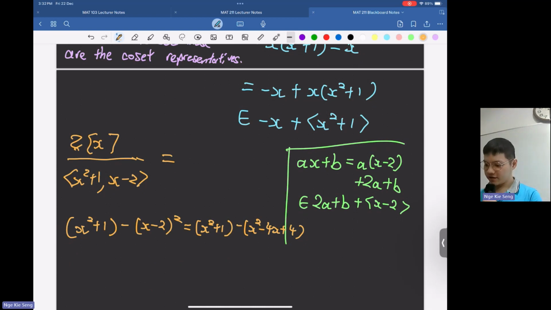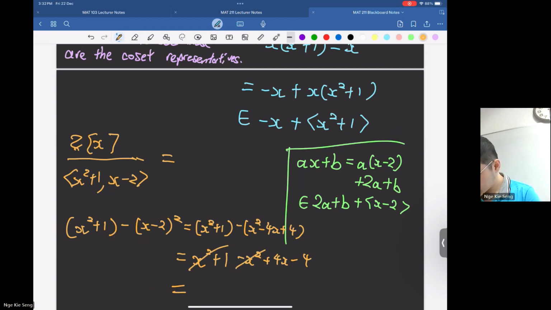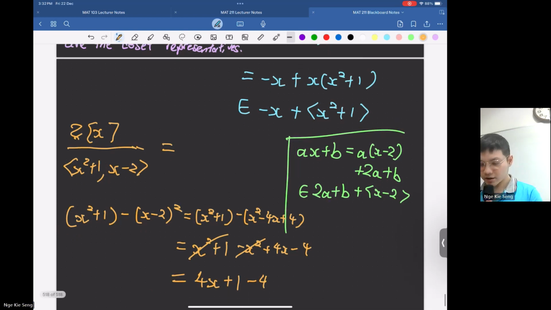Okay, and then what else do I get? I get x squared plus 1 minus x squared plus 4x minus 4. Then I reduce it. I get 4x plus 1 minus 4, which is 4x minus 3.